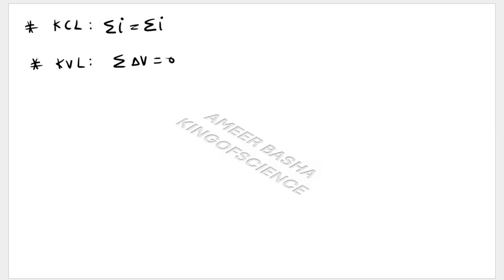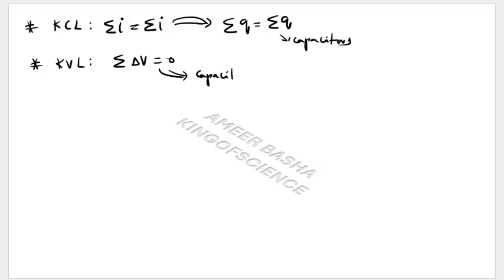This KCL is not only for currents, even for charge also: the sum of the charges reaching a junction is equal to the sum of the charges which are leaving. Generally these ideas are used in capacitors. So you can use this idea for capacitors, for inductors, along with the resistors.